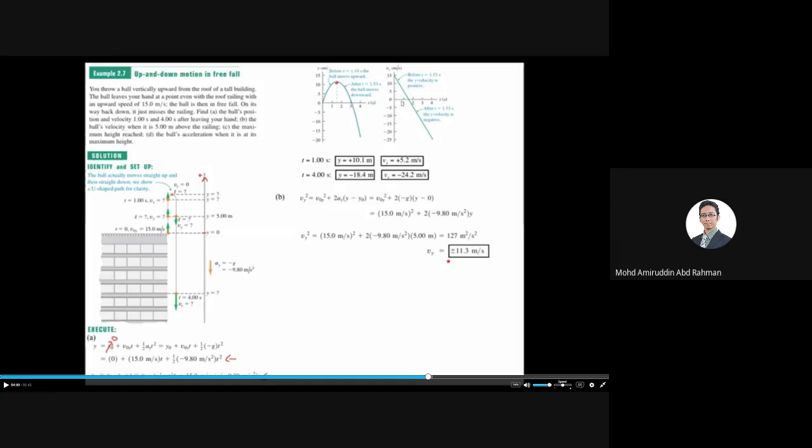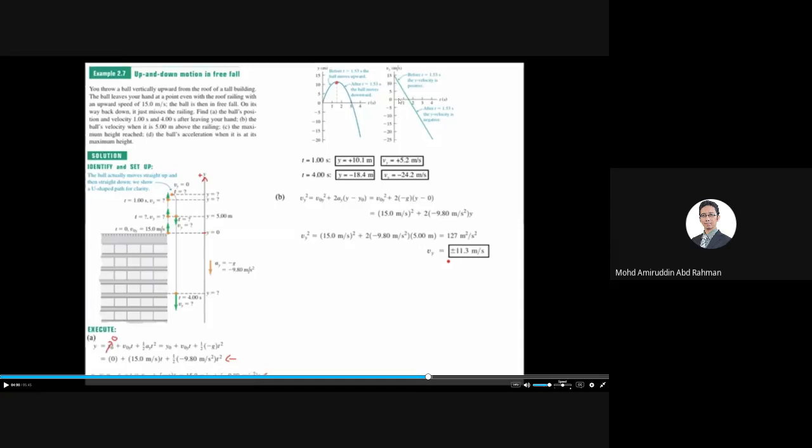As you look at the graph on the left side, y versus t, at a position of 5 meters the time is around 0.3 or 0.4 second.